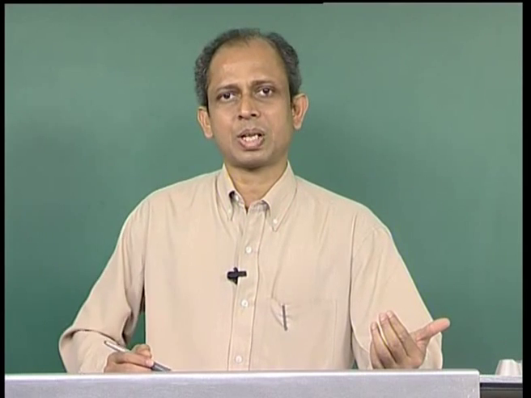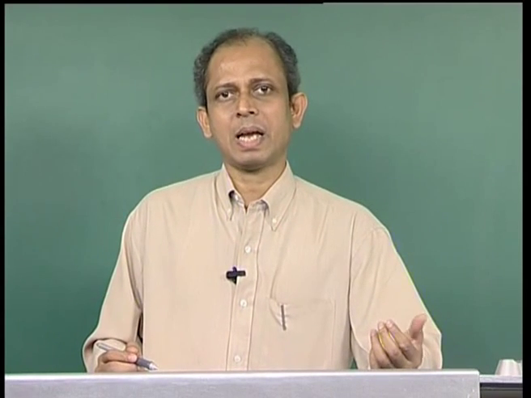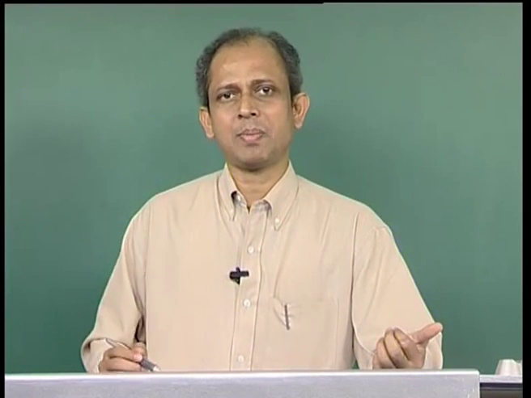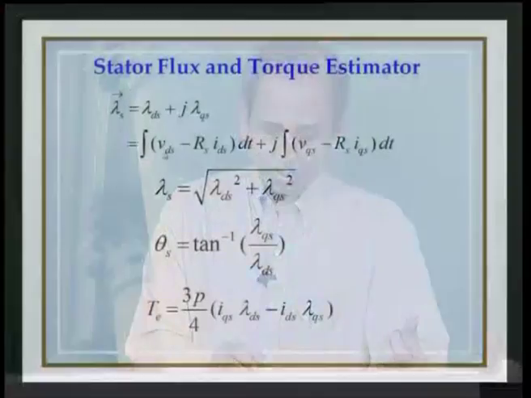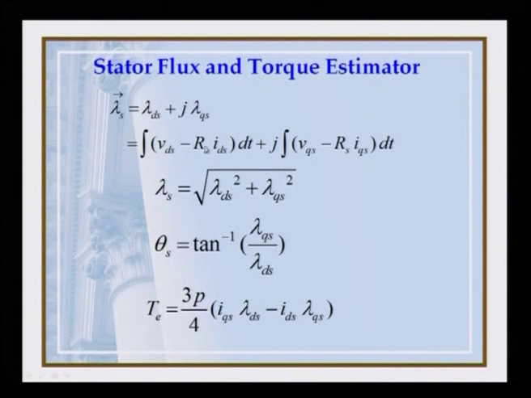Similarly, we can have sensors to measure IA, IB and IC, and we can transform this IA, IB, IC into IDS and IQS by a stationary transformation. So, in this equation we know VDS, we know IDS and we know VQS, also we know IQS. We can calculate these two flux components psi ds and psi qs, or lambda ds and lambda qs.